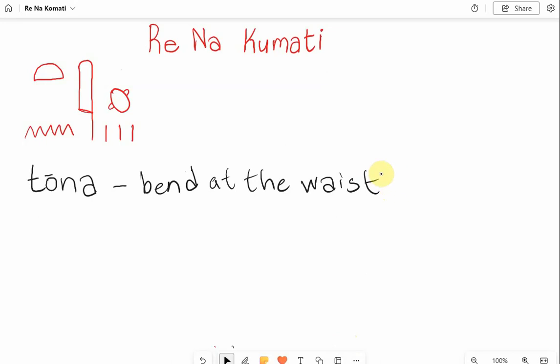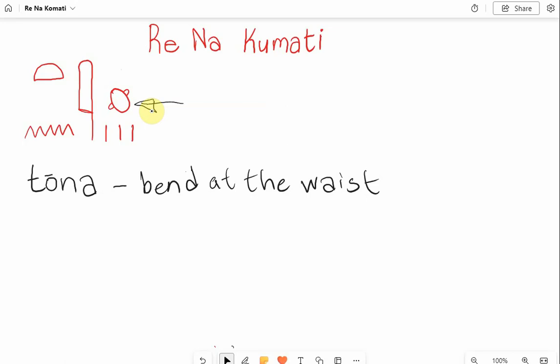Okay, so hence you see this glyph here, which is usually used in acts that are not so pleasing, but also referring to body parts.